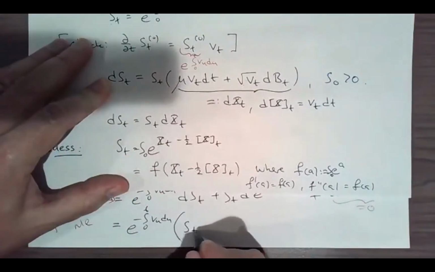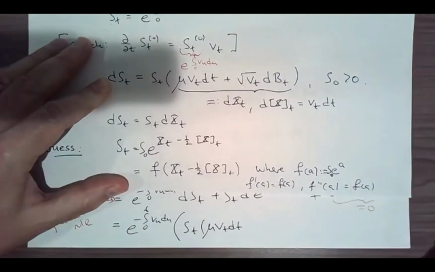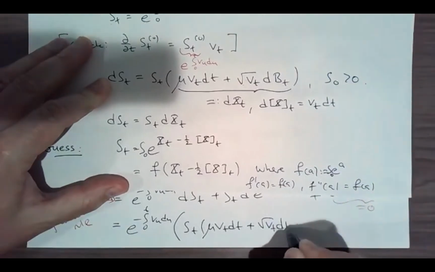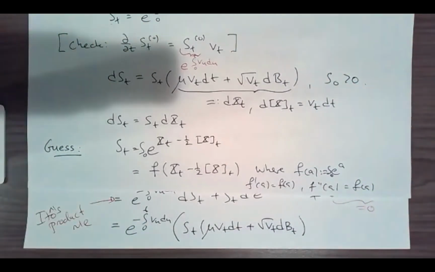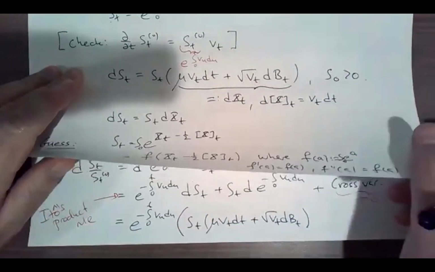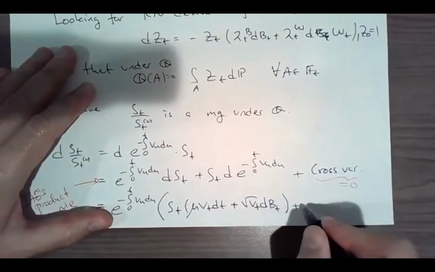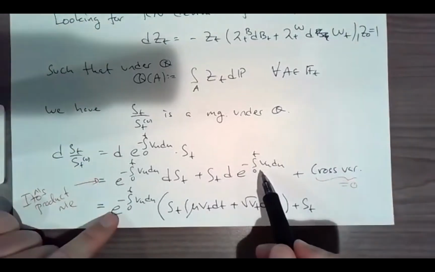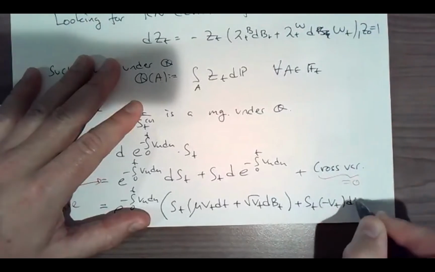dS was S mu V dt plus root V dBt. That was my dS. And then we get the second term, which is St times d of this thing here. This is where the exponential comes outside, and then I get a minus Vt dt.